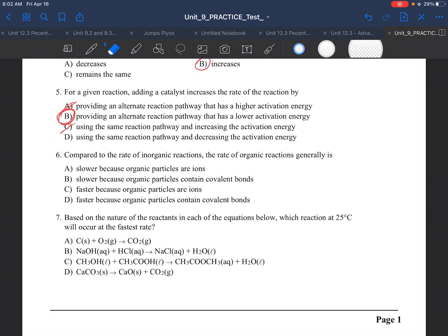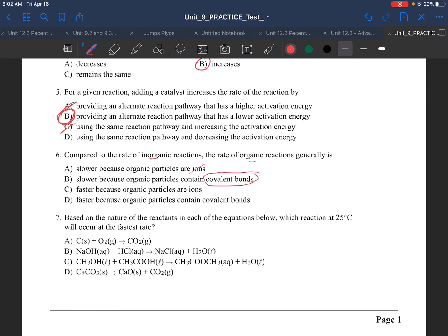Number 6. This says compared to the rate of inorganic reactions, the rate of organic reactions generally. You may be thinking we didn't talk about inorganic versus organic. But if we dive deeper into the answers, we start talking about covalent bonds.